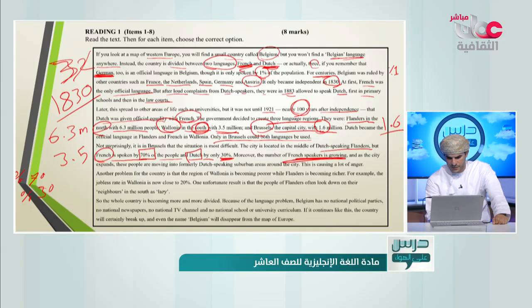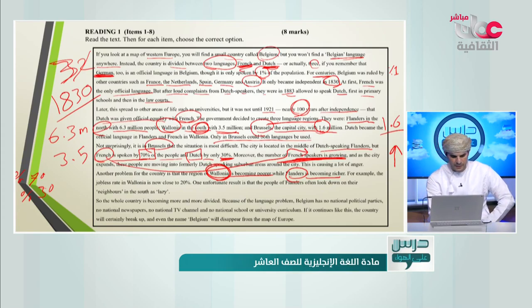French speakers in Brussels is what? Growing. And the city expands. These people are moving into formerly Dutch-speaking suburban areas around the city. This is causing a lot of anger. Another problem of the country is that the region of Wallonia is becoming poor, while Flanders is becoming richer.